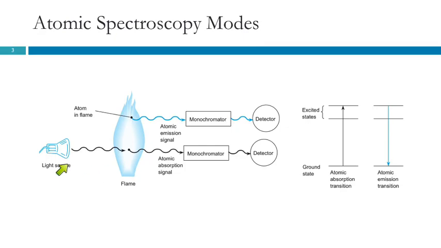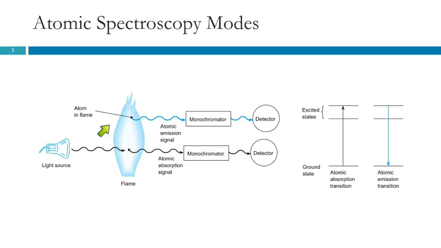For absorption spectroscopy, we've got some sort of a light source passing through the flame. The analyte is going to absorb some of that light and go from ground state to excited states. We look at the amount of light that comes through. We use a monochromator to filter that down to a smaller band of wavelengths, and then we've got a detector.